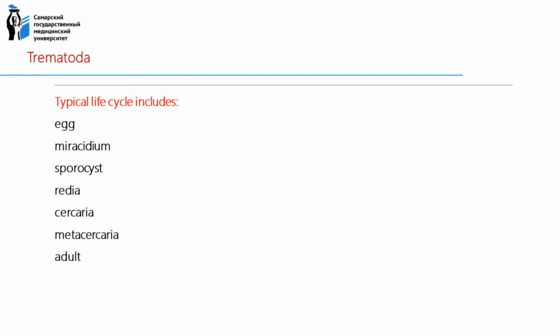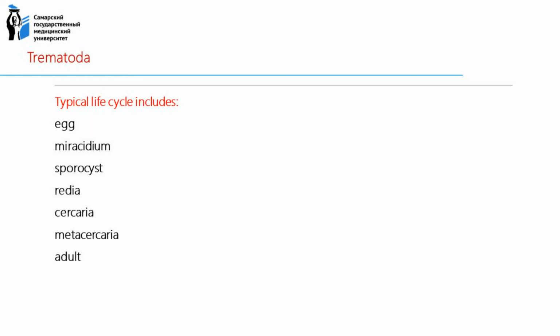The typical life cycle includes: egg, usually passed in feces, must reach water to develop. Miracidium, a free-swimming larva, penetrates tissue of a snail. Sporocyst, reproduces asexually, polyembryony. Redia, reproduces asexually, polyembryony.